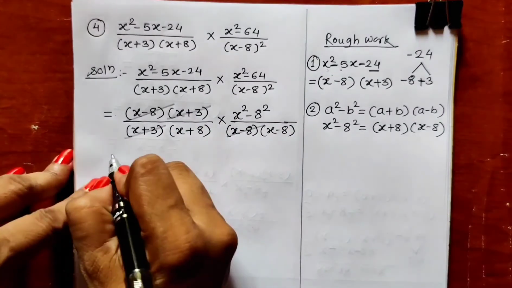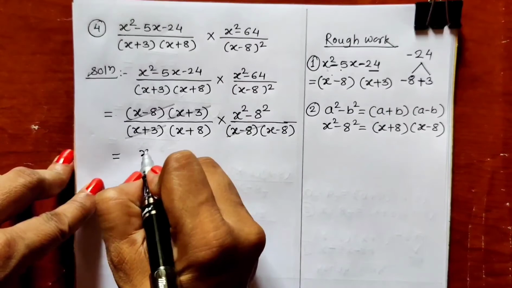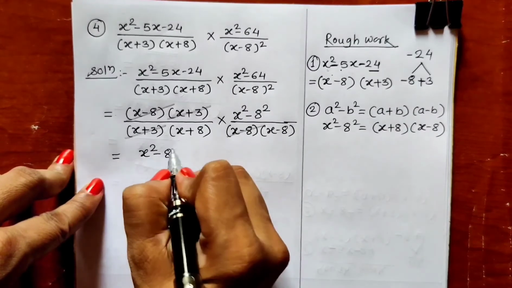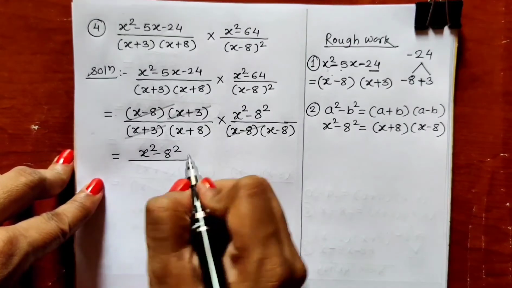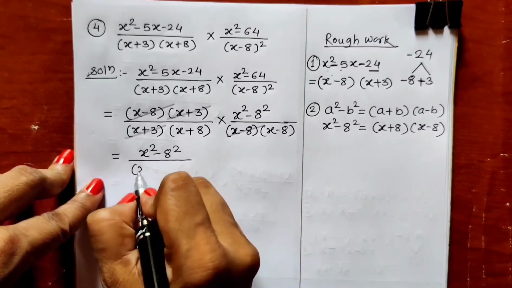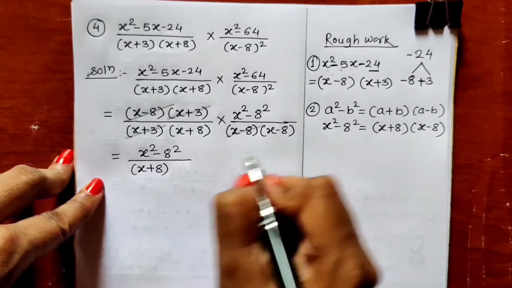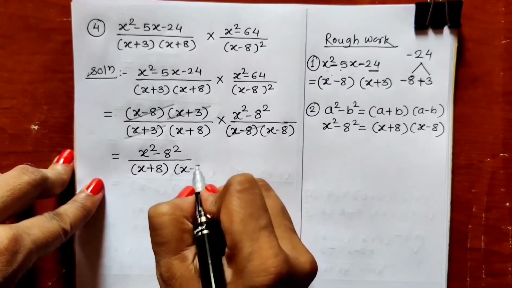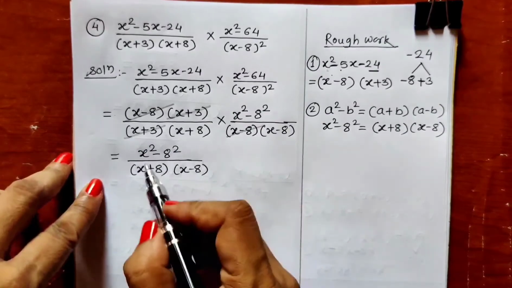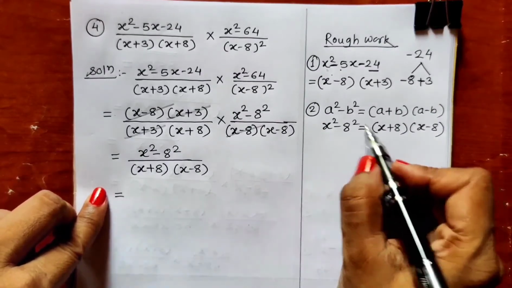So what is remaining here? In the numerator x square minus 8 square is remaining. In the denominator these x plus 8 and x minus 8, these two brackets are remaining. Now in the numerator we will apply this formula.